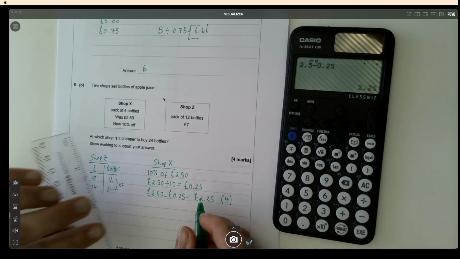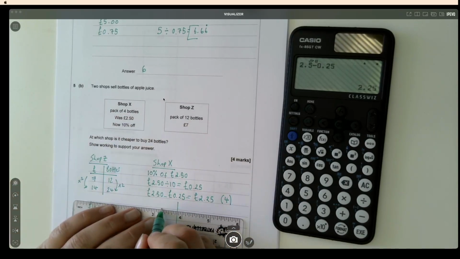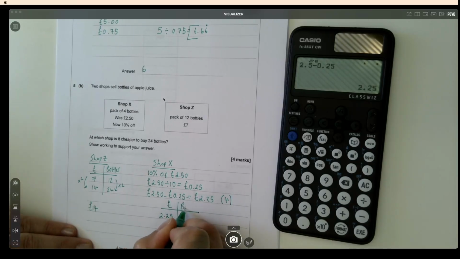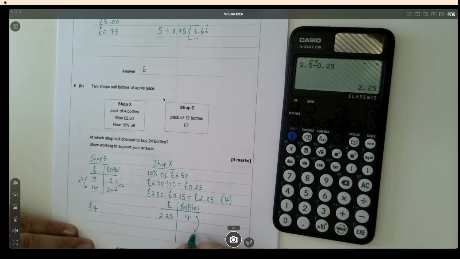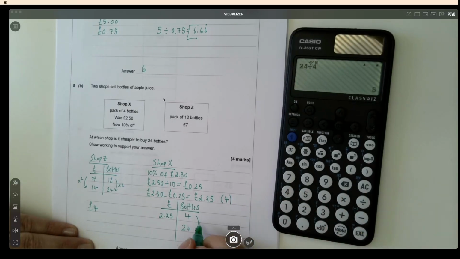So if we're doing a proportion table again, so for £2.25, we get 4 bottles. We want 24. 24 divided by 4 is 6, so we would times by 6.